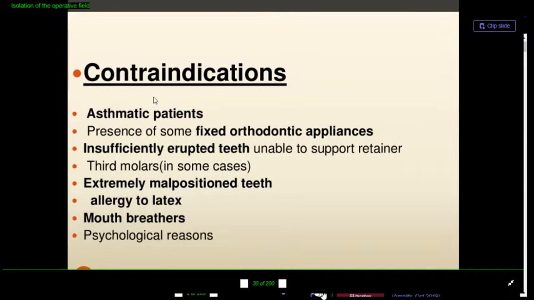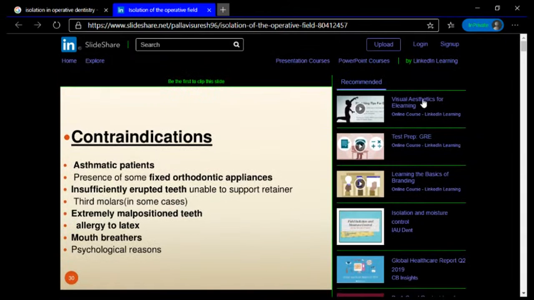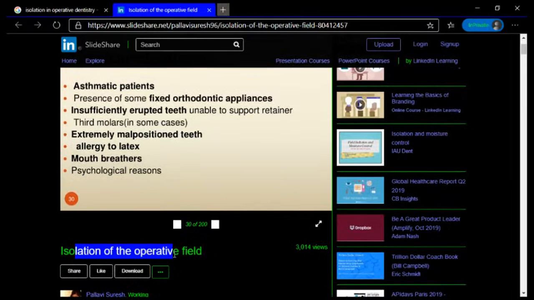For example, this one here, we have the contraindications, the asthmatic patients, and many SlideShare videos for visual aesthetic, for e-learning and test prep, learning the basics of branding, which is all about the isolation of the operative field.